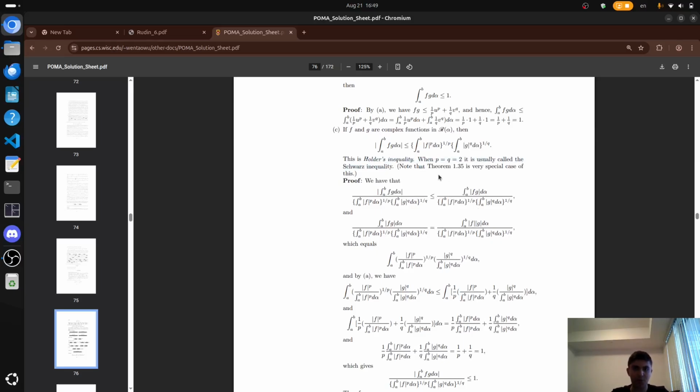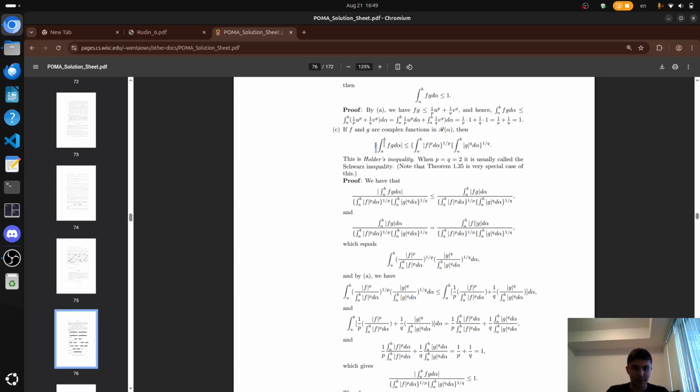And when p is equal to q is equal to 2, this is called the Schwarz inequality, as we've seen it. So the statement is the following. The absolute value of the integral from a to b of f g d alpha is less than or equal to the integral from a to b of the absolute value of f to the p d alpha, to the power of 1 over p, times the integral from a to b of the absolute value of g to the q d alpha, to the power of 1 over q.